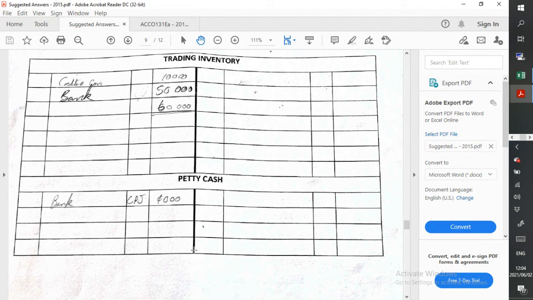User information, prepare the individual account of Moses as it appears in the books. Here this is your individual creditor, because Moses is a creditor.